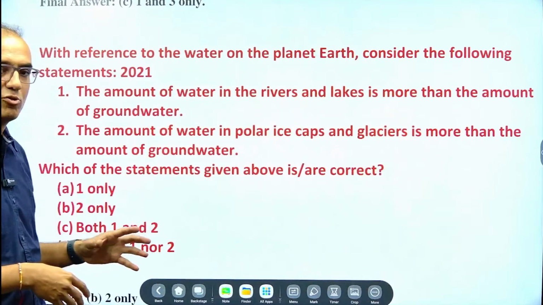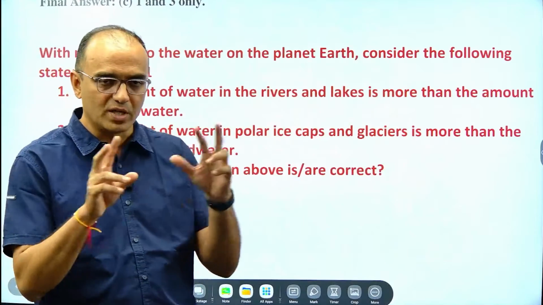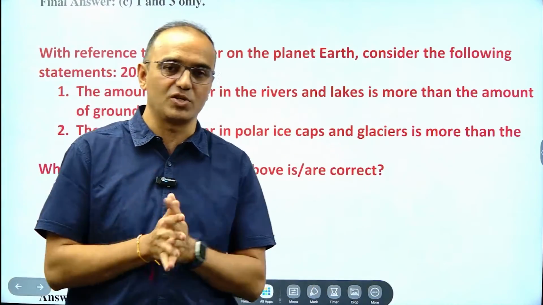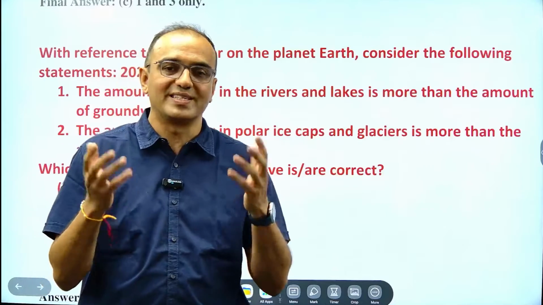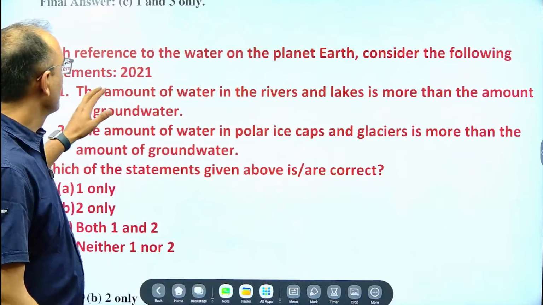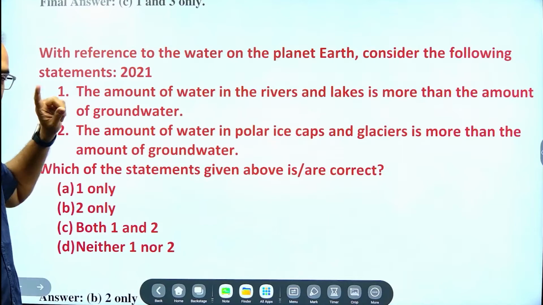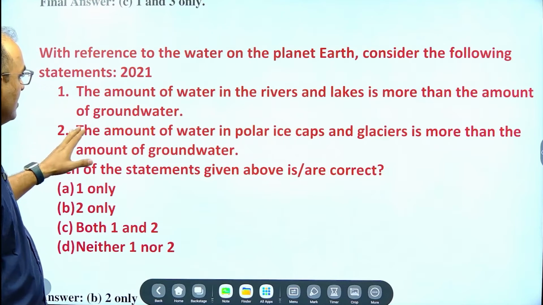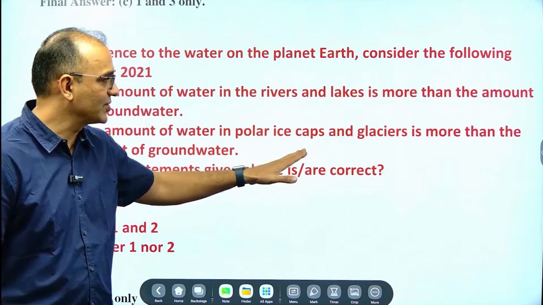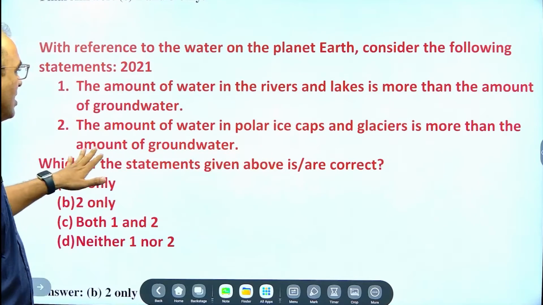So here they are trying to ask you questions based on this categorization or classification of water that is available on earth, right? So the amount of water in rivers and lakes is more than the amount of groundwater. That is the first statement. Second, the amount of water in polar ice caps and glaciers is more than the amount of groundwater.